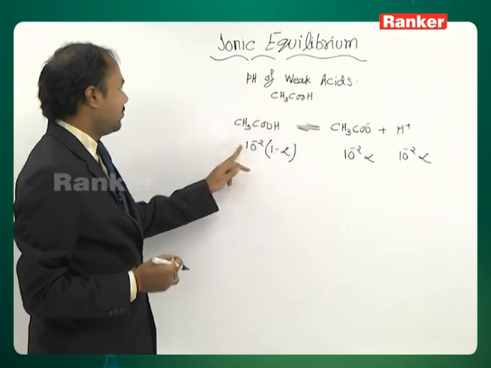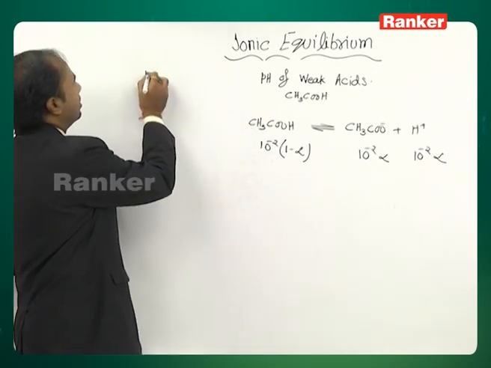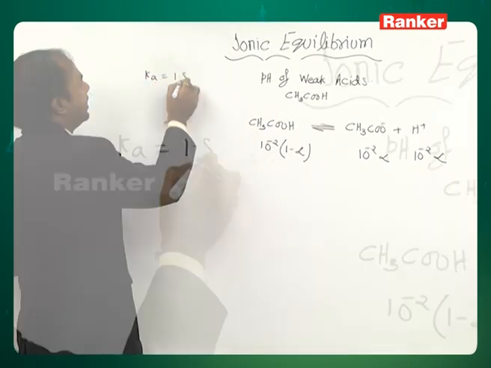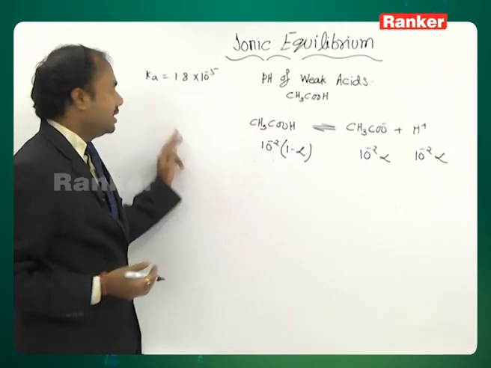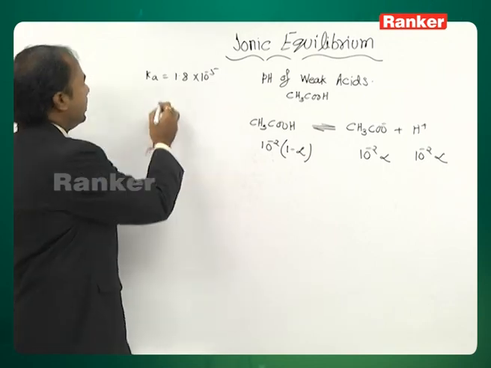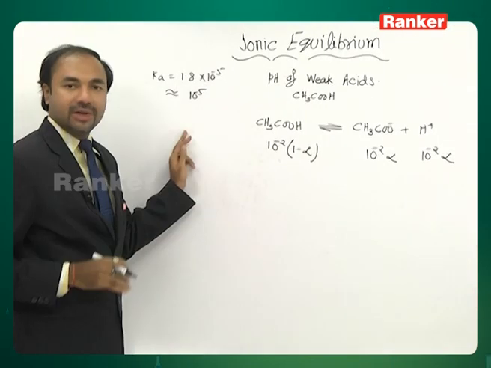The equilibrium constant for dissociation of acetic acid, Ka, is 1.8 times 10 to the power minus 5. For simplicity, we are assuming it to be 10 to the power minus 5, an approximation we are using here.